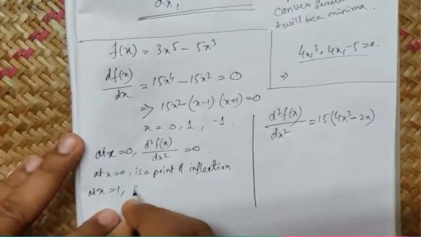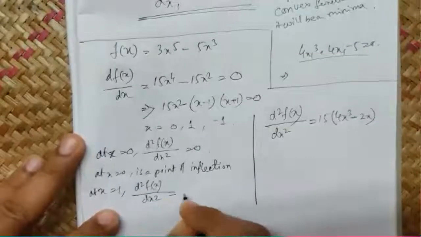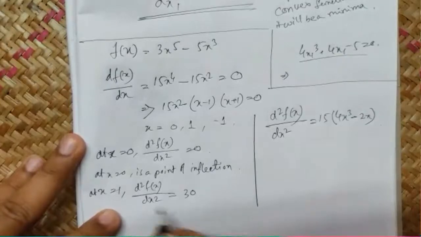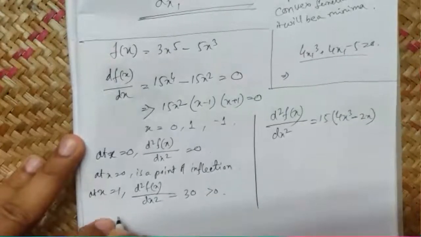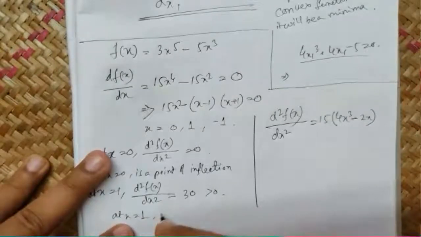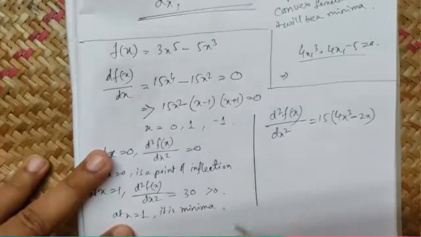Okay, now let's go to x equal to 1. Let us see what happens. Put the value and you will get 30, so it is greater than 0. So at x equal to 1, it is a minima.